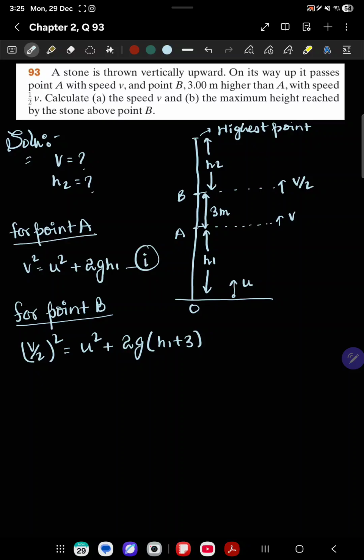Okay, one thing, I have made a small mistake here. See, gravity is acting in downward direction, just opposite of u, so the sign of this will be negative, so I am correcting it here and here also.